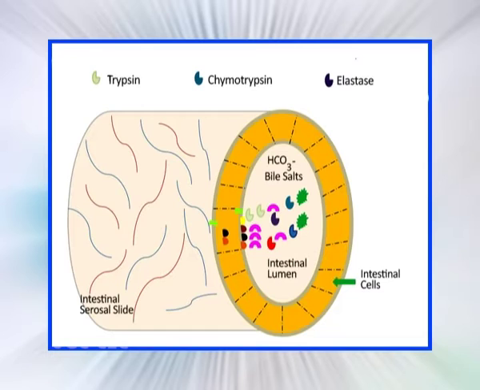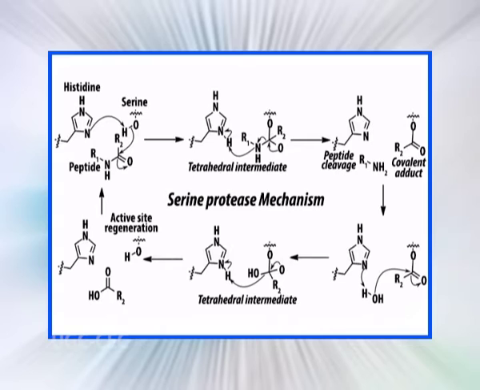This is seen in three digestive enzymes: trypsin, chymotrypsin, and elastase. These three enzymes belong to a family of enzymes called the serine proteases. Serine, because they have a serine residue in the active site that is critically involved in catalysis, and protease because they catalyze the hydrolysis of peptide bonds in proteins.